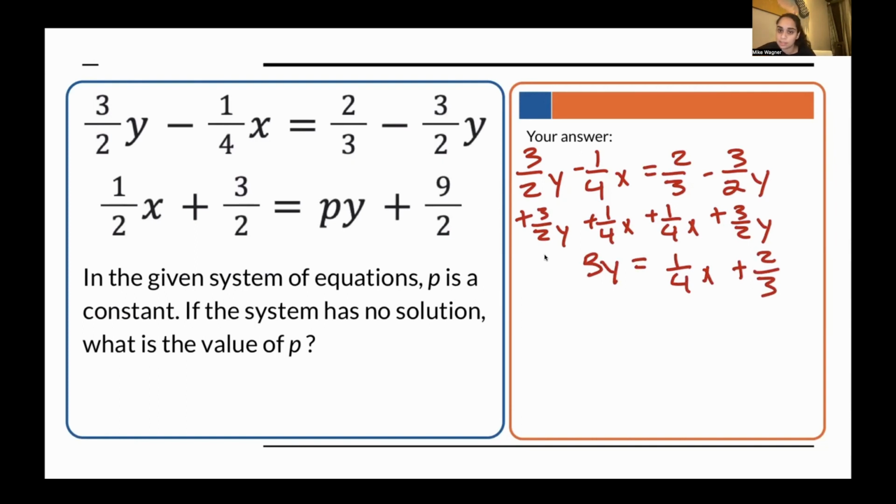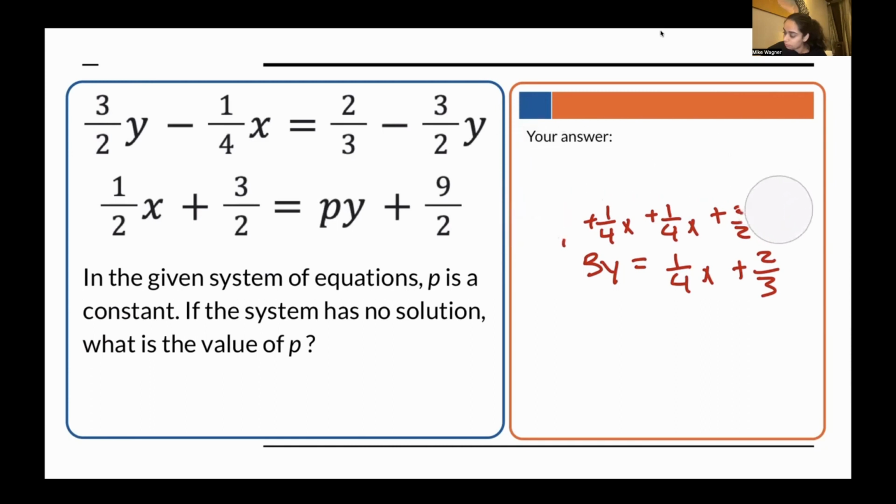Just make sure I didn't drop any signs or anything. Then the second equation is 1 over 2x plus 3 over 2 equals py plus 9 over 2. Let me rearrange that. I'm going to just erase this so we have a little more room.